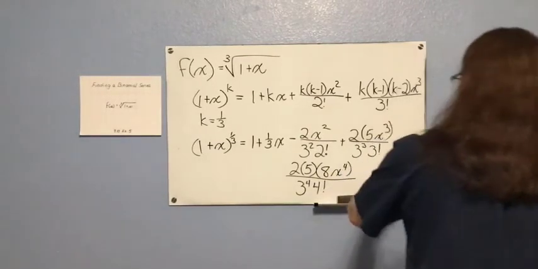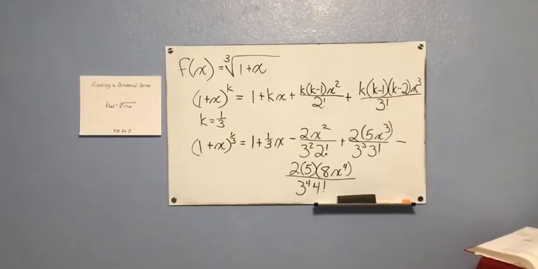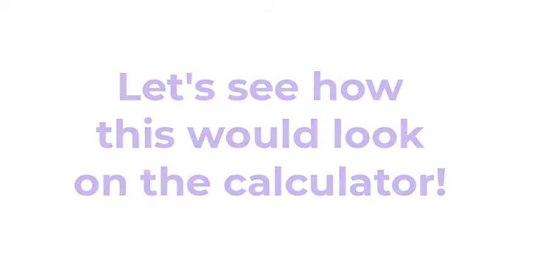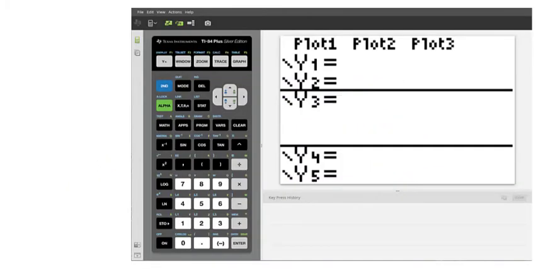So this is our series. And you can verify this to compare our results from this example. Let's put both of the equations in the calculator and look at their graphs.